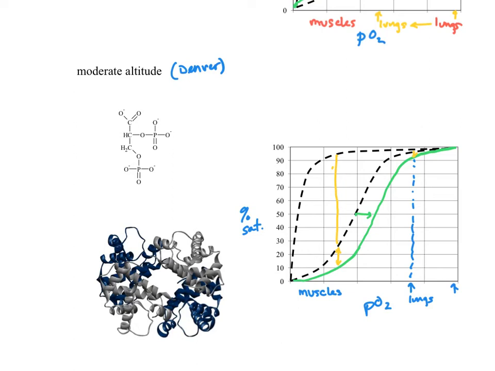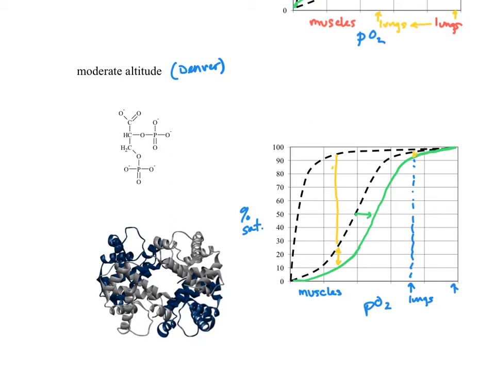There's a bigger gap because we've shifted the hemoglobin more to the right, and that gives maybe 15% extra oxygen delivered, even though we're losing a little bit in the lungs. So that is how it works. Human hemoglobin shifts to the T state at high altitude.